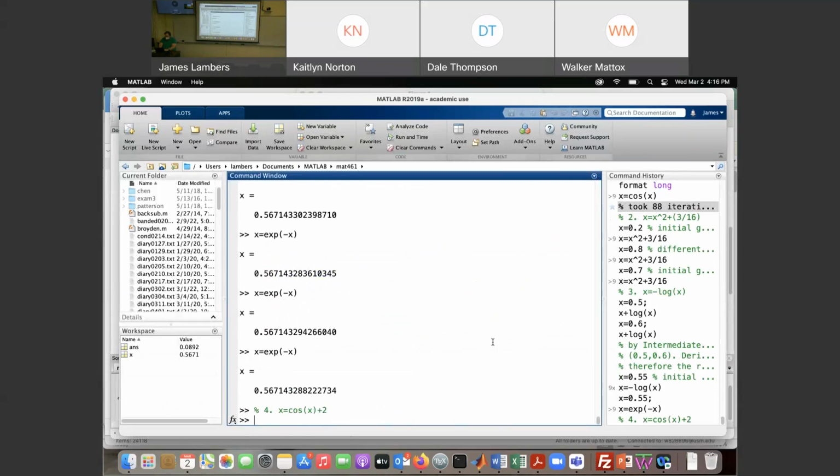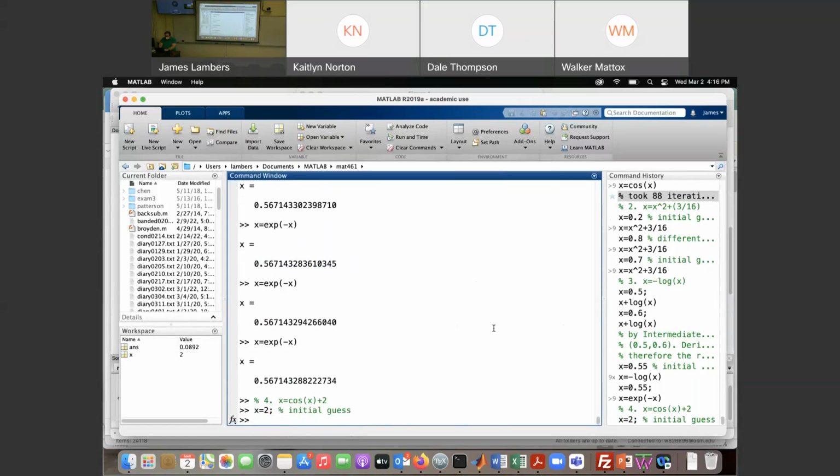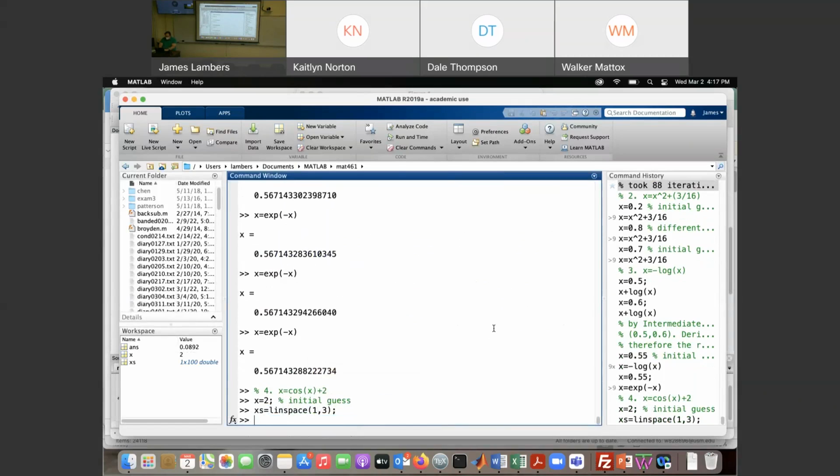So there's my initial guess. All right. And I want to show you this graphically. So I'm going to do a plot of the function around the initial guess, for x between 1 and 3. So now a plot.